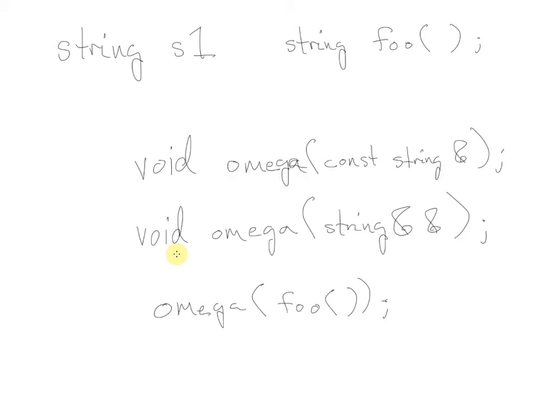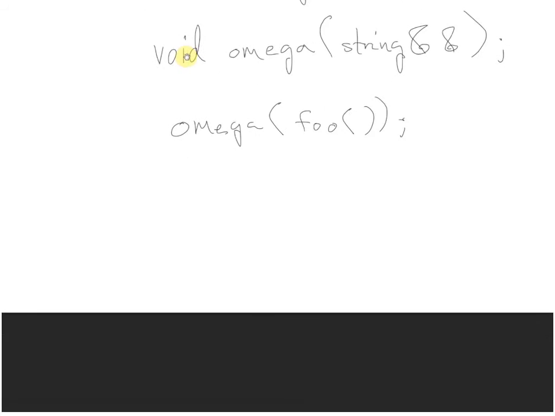Actually, they can be done upon R values, whether they be R value references or just stuff like the string returned by foo. And the way that you would define them is this.